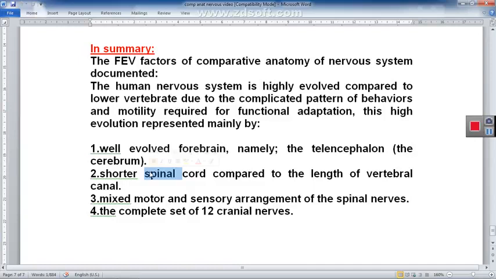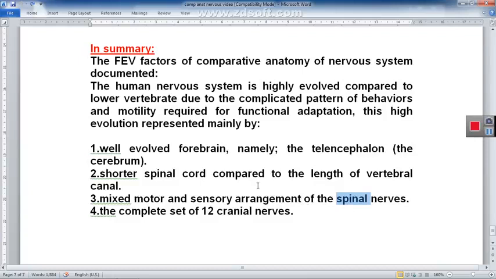It ends at the level of the L1 vertebra, while in lower vertebrates, especially those with a very muscular tail, the cord extends into the vertebrae of the tail. The third factor is that the spinal nerves are mixed in a human nervous system. They are mixed motor and sensory in function.